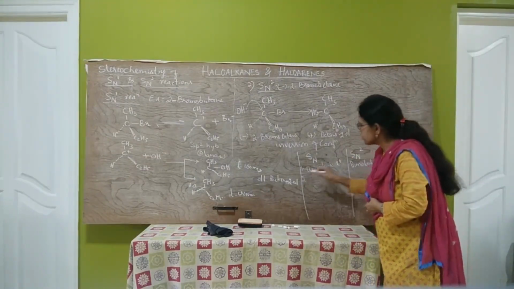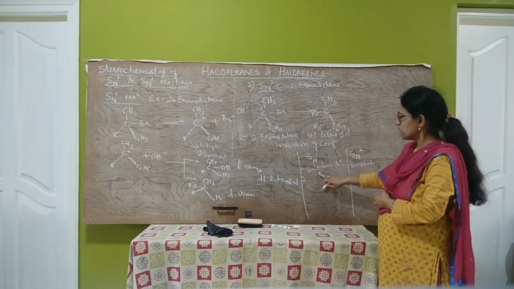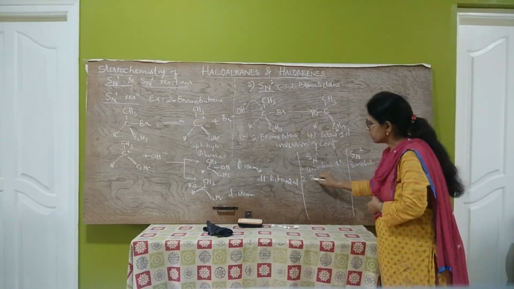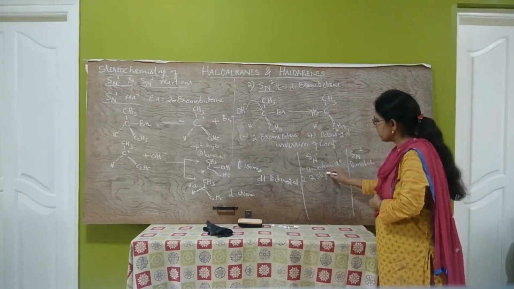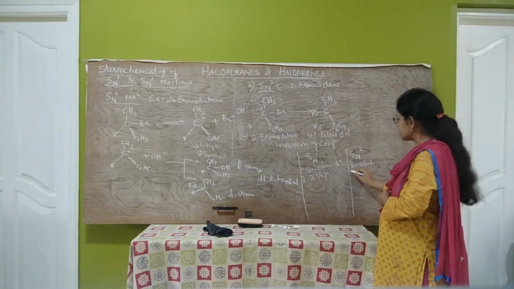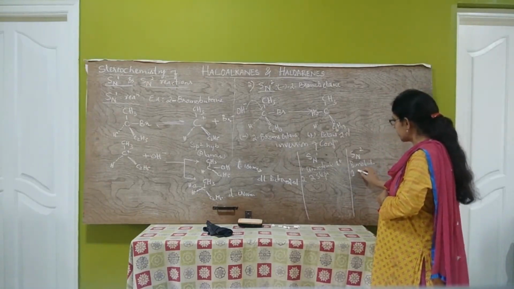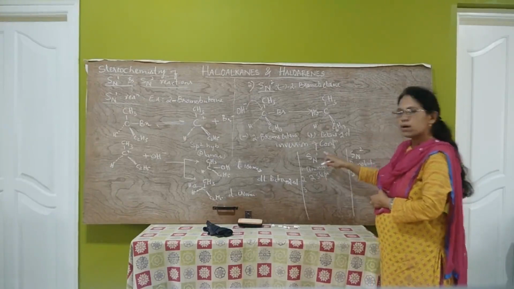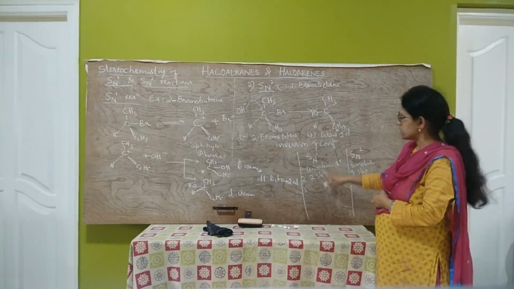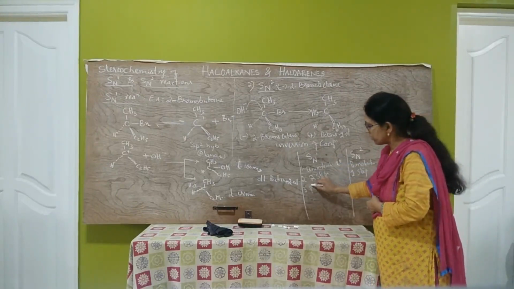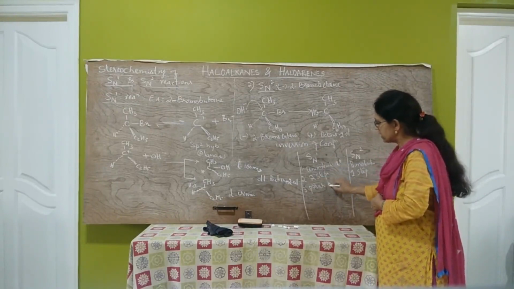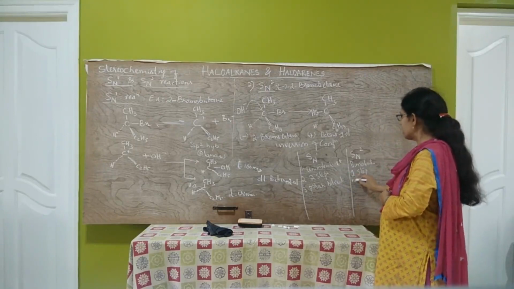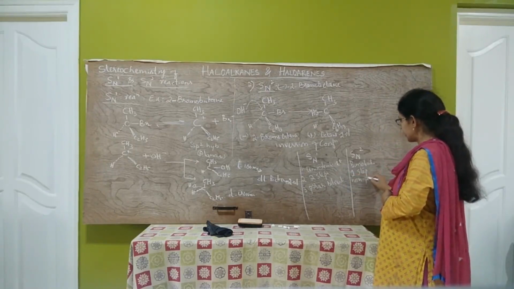And next is, this takes place in 2 steps. This involves 2 steps, whereas this SN2 mechanism involves only 1 step. Next, polar solvents favor SN1 mechanism, whereas non-polar solvents favor SN2 mechanism.